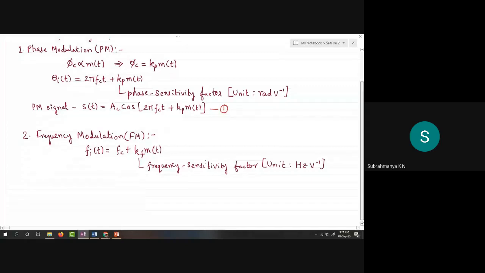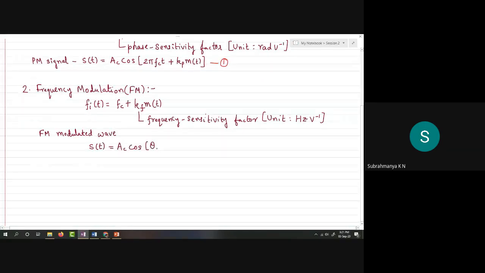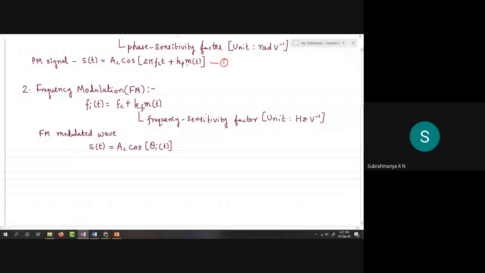If this is the instantaneous frequency, how can we write the modulated wave? The FM modulated wave can be written as s(t) equal to Ac cos theta_i(t). Now theta_i(t) is not similar to the PM signal, where we are varying the phase of the carrier.